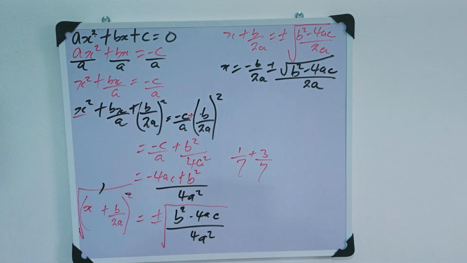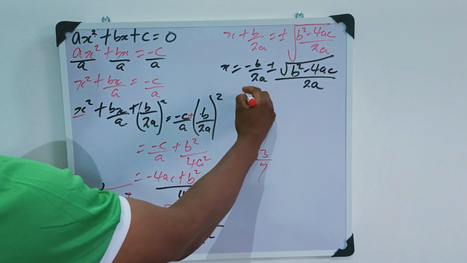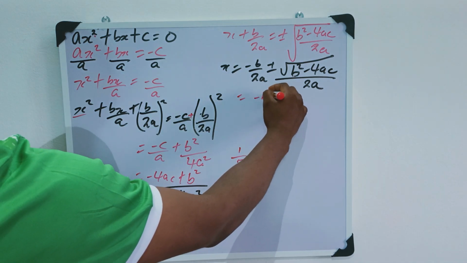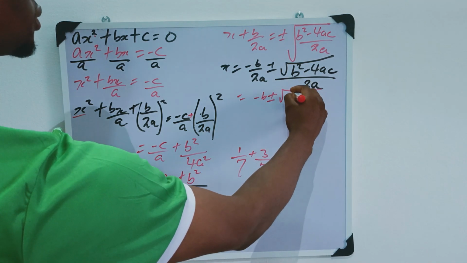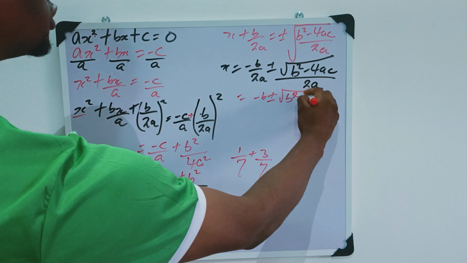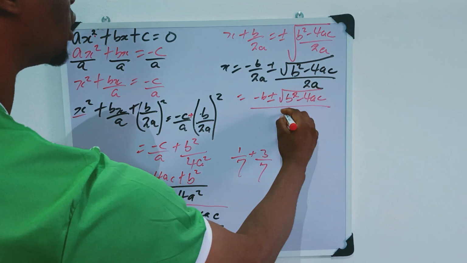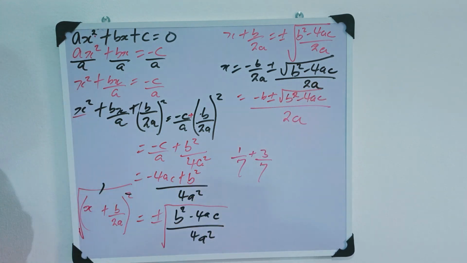That's 4 over 7. So applying that here will give us negative b plus or minus square root of b squared minus 4ac all divided by 2a. And now we have the general formula, negative b plus or minus square root of b squared minus 4ac over 2a, and that's the quadratic formula.